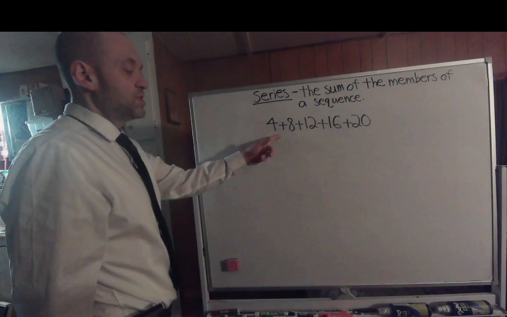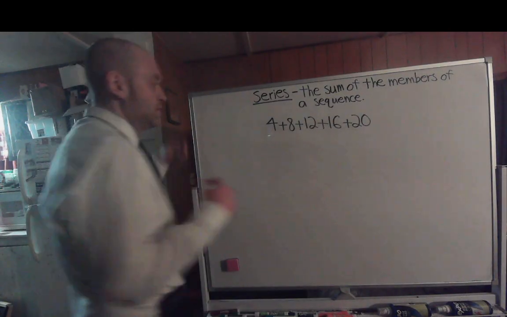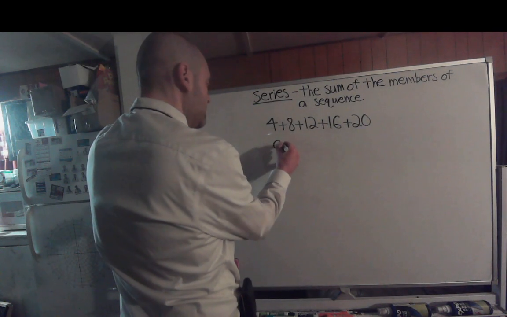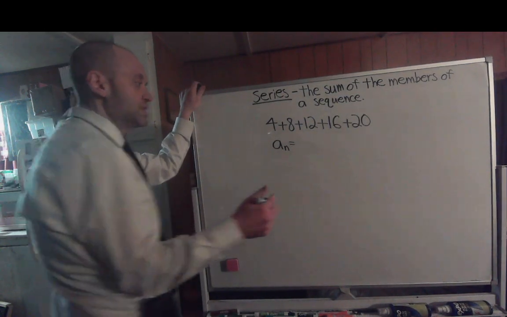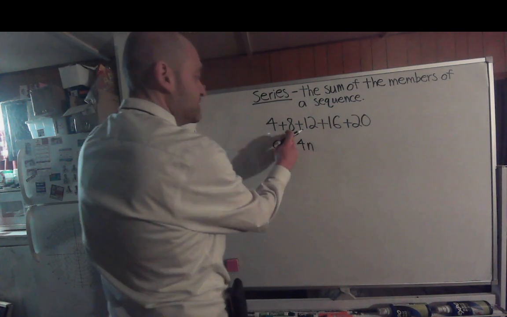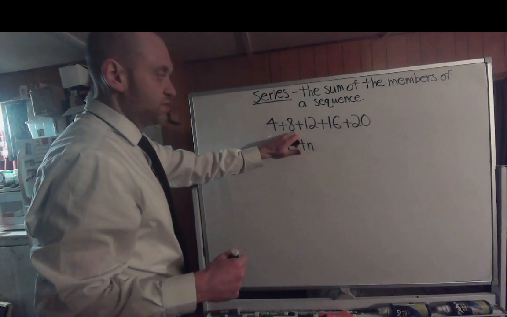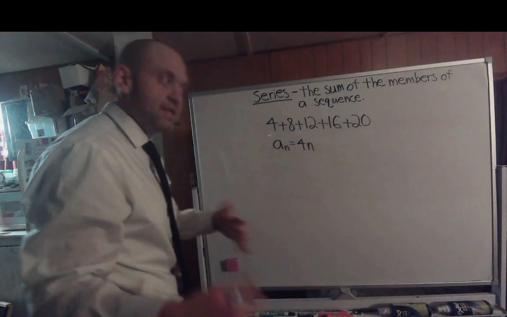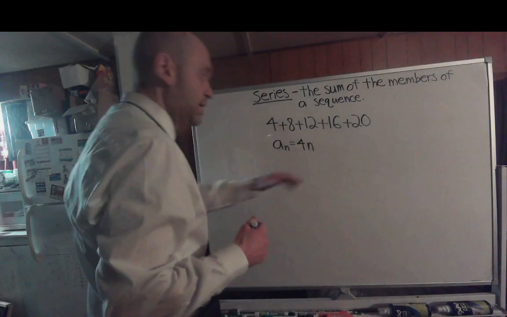Well, it looks like each term increases by 4 from the last one. So let's find a formula for if this were a sequence. And literally it's 4 times whatever number of the sequence you're on. So 4 times 1 is 4, 4 times 2 is 8, 4 times 5 is 20, etc. So a sub n would equal 4n.